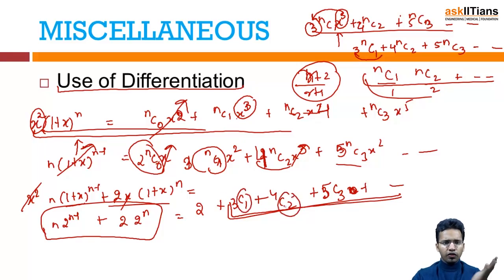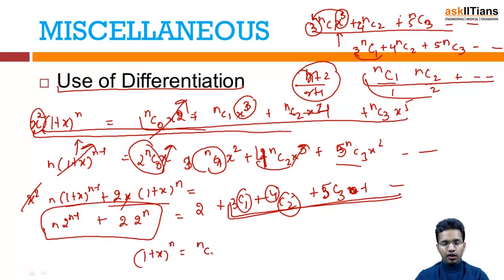With coefficients, whatever the constant term you are looking for, you have to make the power of that in this one. Means in this expansion, again we will be using this expansion only: x raised to power 0 plus nc1 x raised to power 1, and it goes on like this. Now remember that when we differentiate, whatever power is here will become the constant.